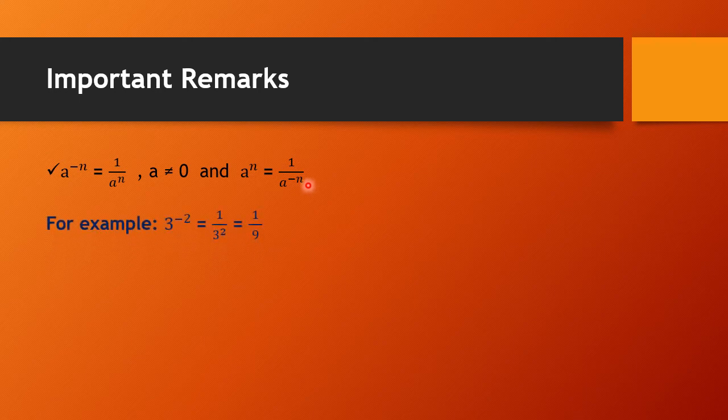For example, 3 power negative 2 equals 1 over 3 power 2, because instead of negative 2, it will be 2 when we bring it to the denominator. It equals 1 over 9.